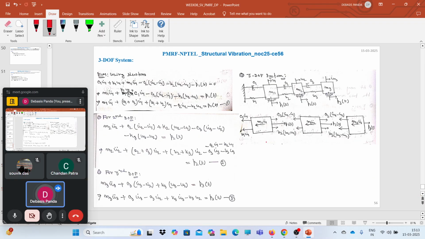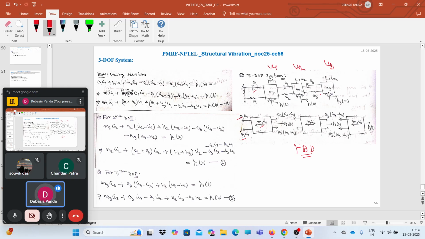So first, what you need to do, you need to draw the free body diagram of this system corresponding to 3 degrees of freedom. So here we can see that this spring mass system has 3 degrees of freedom, u1 corresponding to the first DOF, u2 corresponding to the second DOF, and u3 corresponding to the third DOF. So if you draw the free body diagram and separate out these forces, we have damping force, stiffness force, and inertia force.